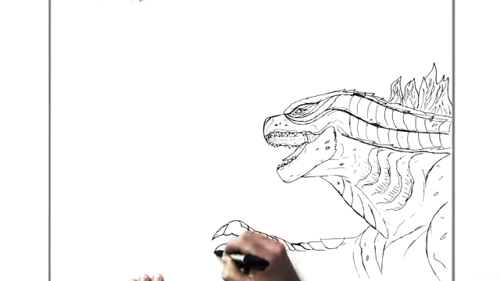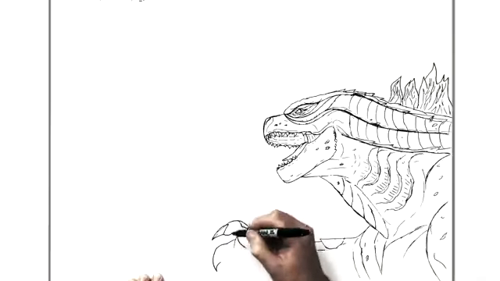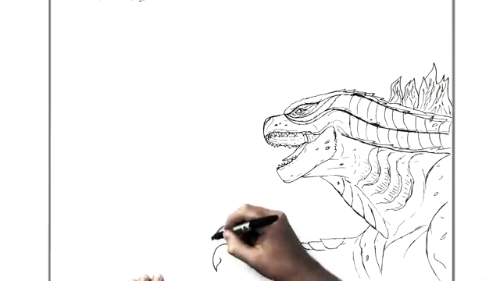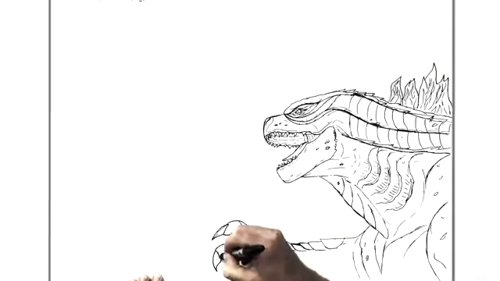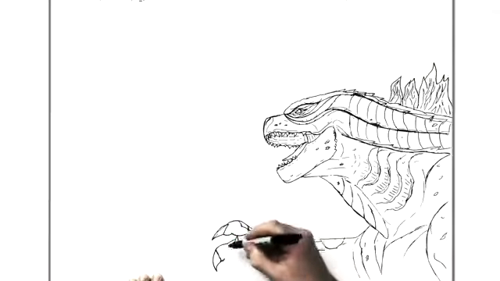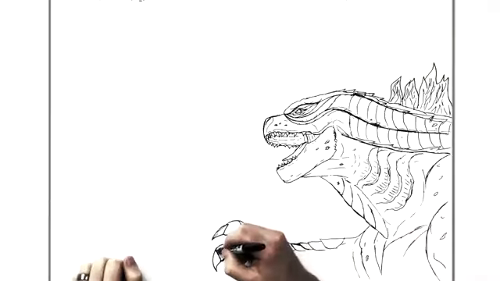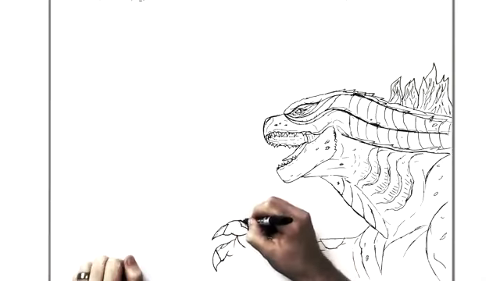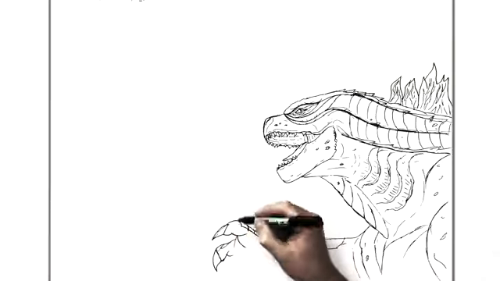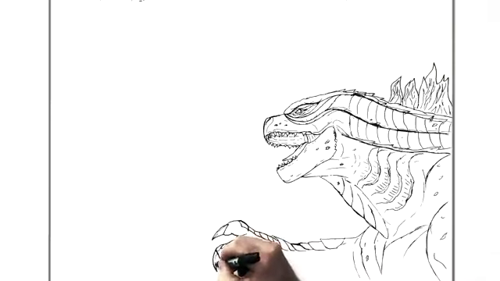And then a big nail here. Comes around like so, down to there. There could be armor on top of this finger as well, if you want, of course, that's optional.